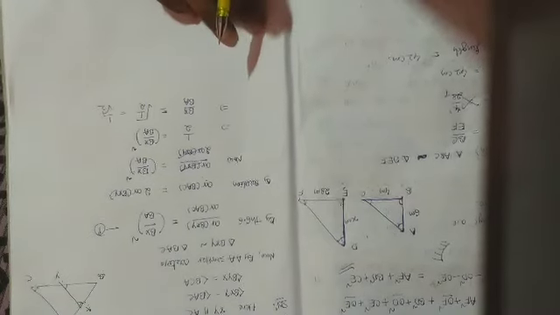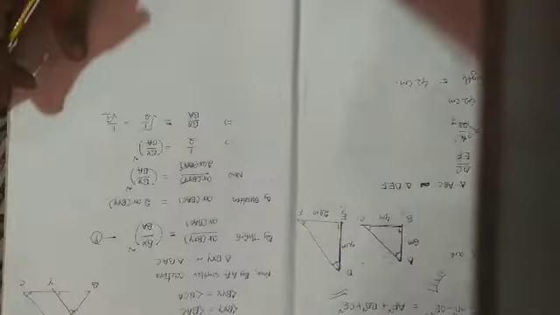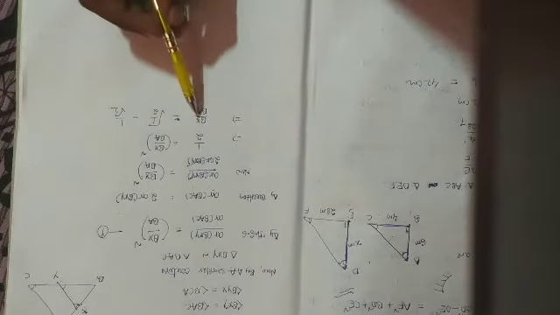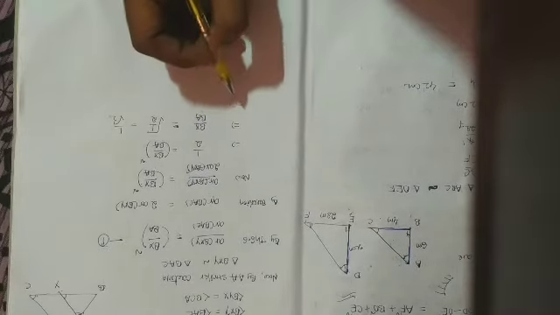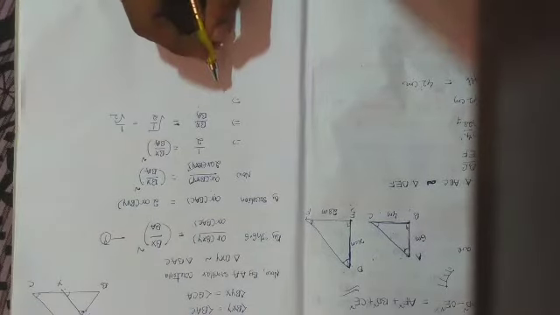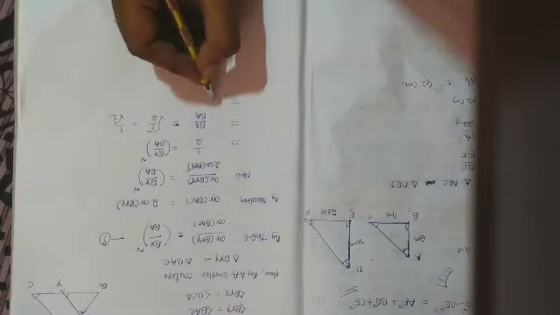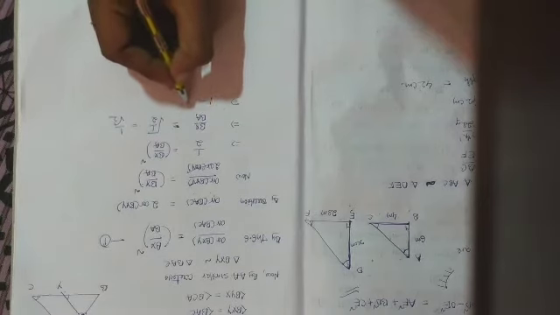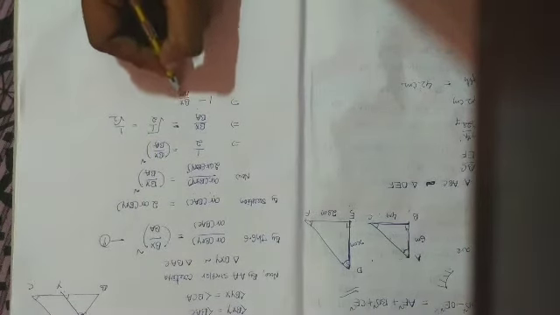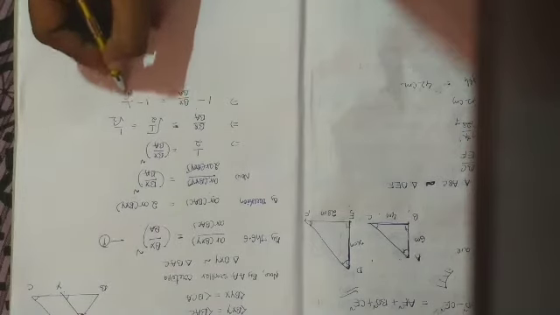Now what we need to find: look at the question, find the ratio of AX by AB. Here we found BX by BA, but we need to find AX by AB. So on both sides you have to do 1 minus BX by BA equals 1 minus 1 by root 2.